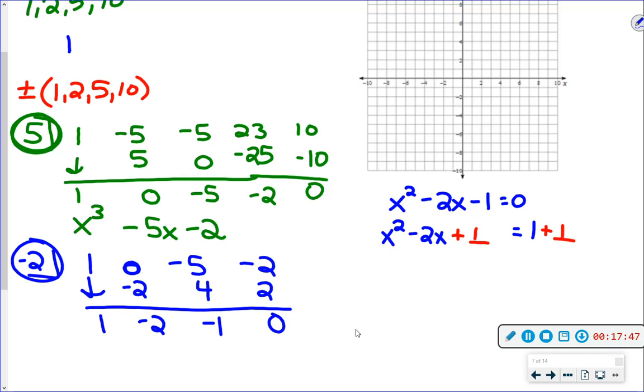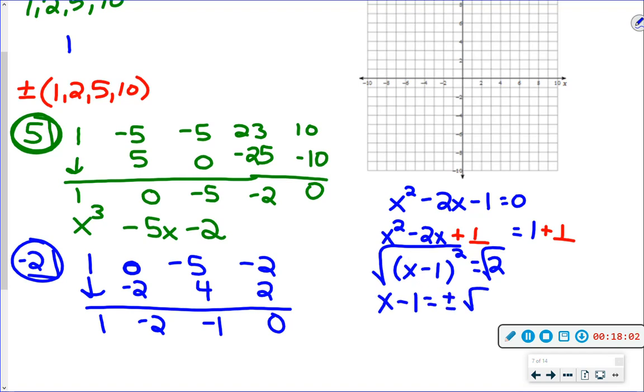Multiply to 1, add to -2: -1, -1. I'm going to combine the ones on the right, cancel the squaring with the square root, and remember my plus or minus. Luckily, 2 is prime, so I don't have to simplify, but we always think about simplifying our radicals. We're going to remember that on our quiz tomorrow. And my last thing I'm going to do is add the 1.